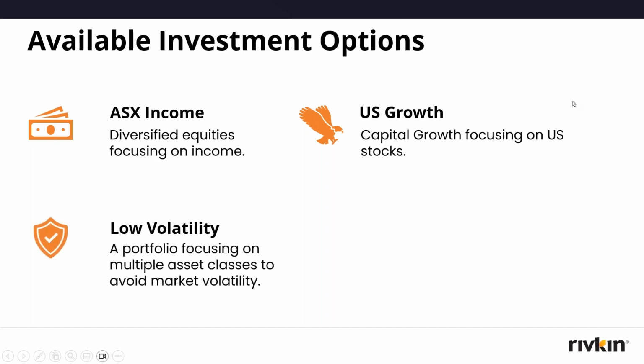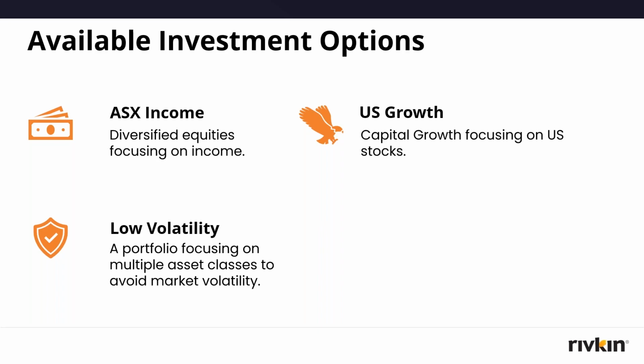Low volatility. This one is a little different in that it's not a share only portfolio. We use ETFs. So it's a little bit of an all-weather portfolio whereby we use ETFs to have diversified exposure across multiple asset classes.